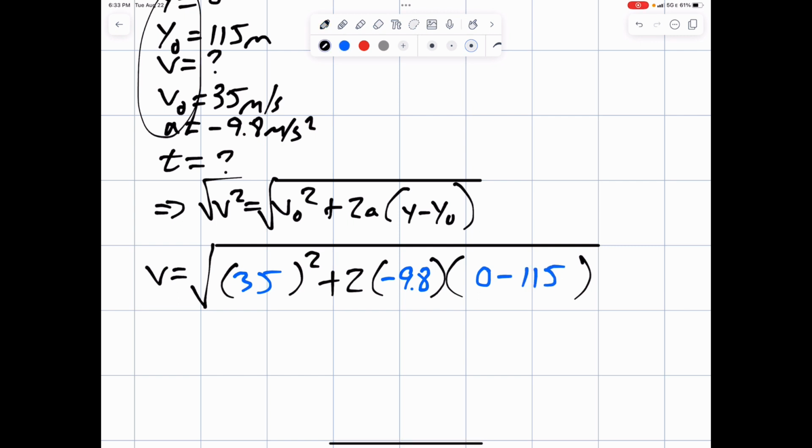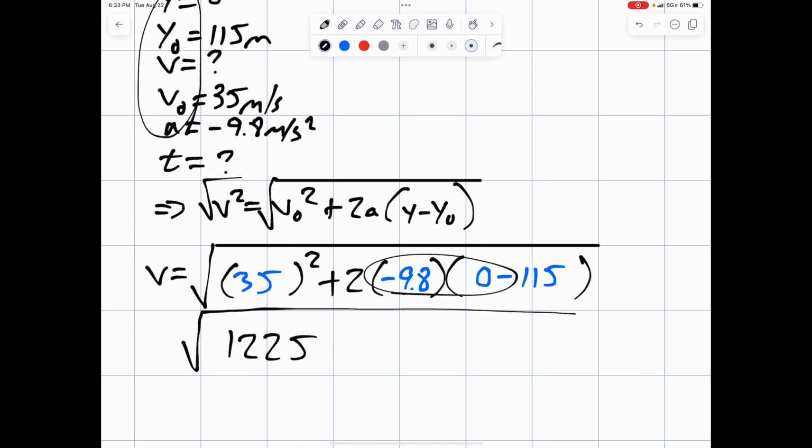So if we do that, put that in our calculator. 35 squared would be 1,225. Minus a minus is a plus. So 2 times 9.8 times 115 is 2254. Add those and take the square root.